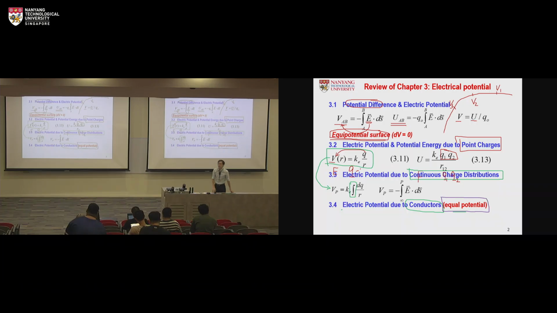So again, whenever we talk about conductors, these three properties should immediately come into your mind. Inside the conductor, both E and Q must be 0. And the entire conductor, any 2 points, the potential is the same, not necessarily 0. It's just to say it's the same. It can be finite, or of course it also can be 0.